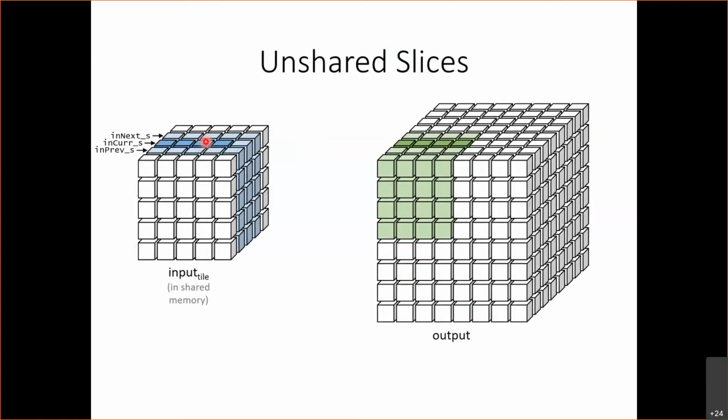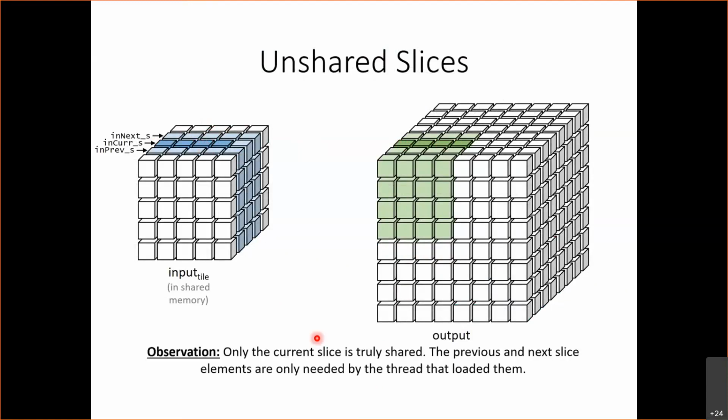But it only needs one element in the previous plane and one element in the next plane, which were the elements that it loaded on the previous iteration. So only the current slice is truly shared across the threads in the block. The previous slice is not actually shared.